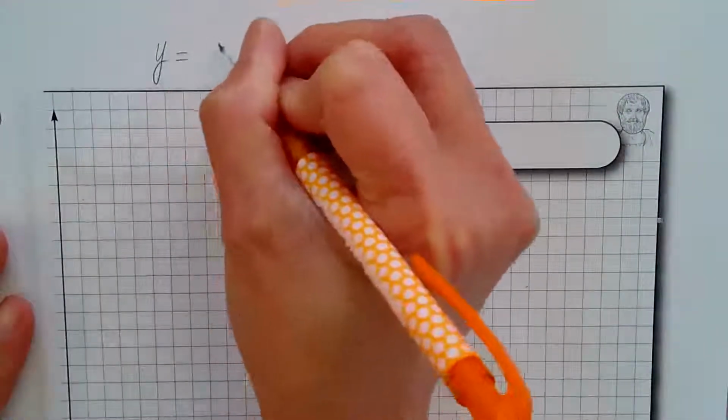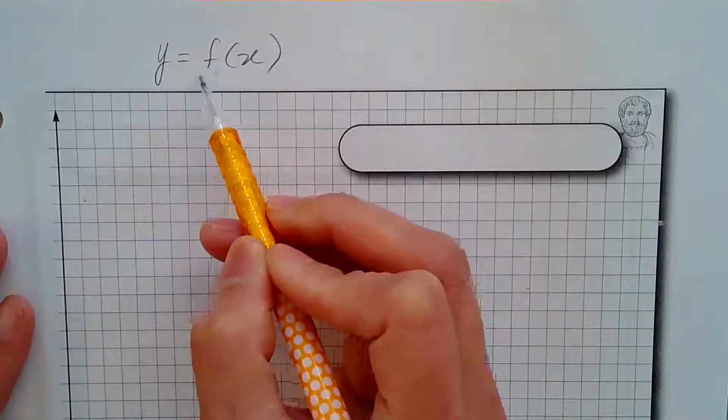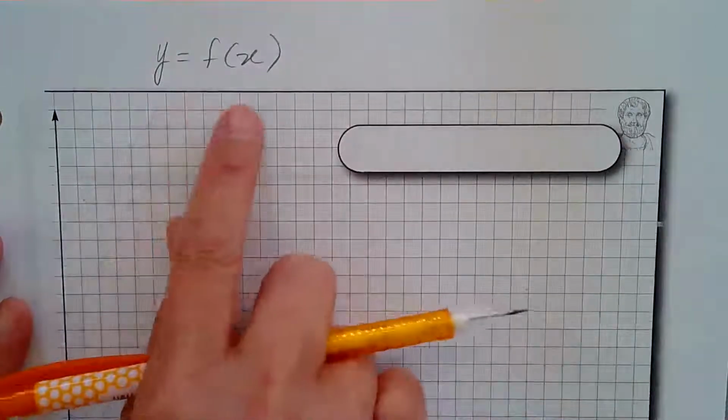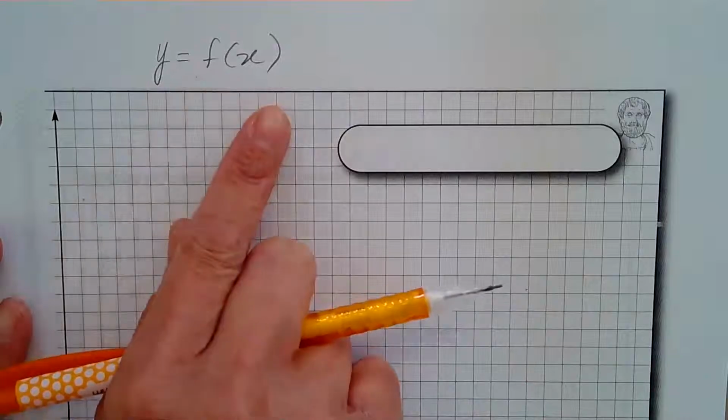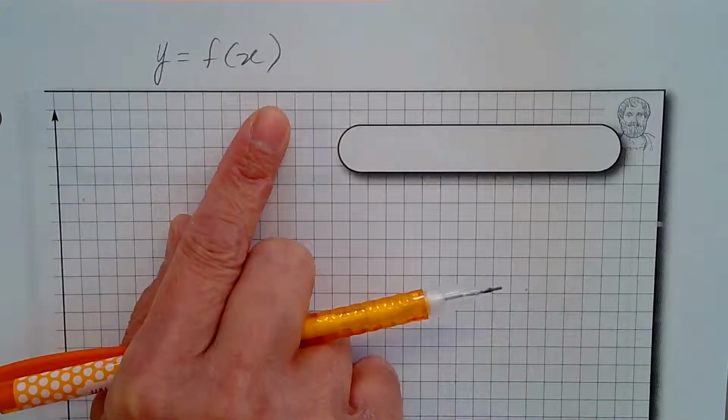Most of the questions look like this: y equals f of x. The question is, what is f of x? f of x could be different things.